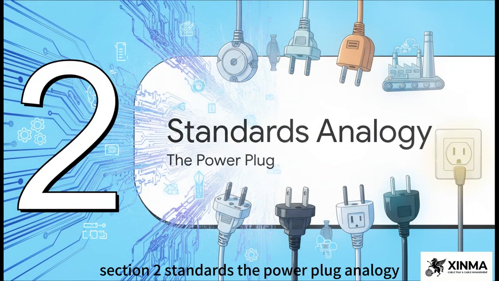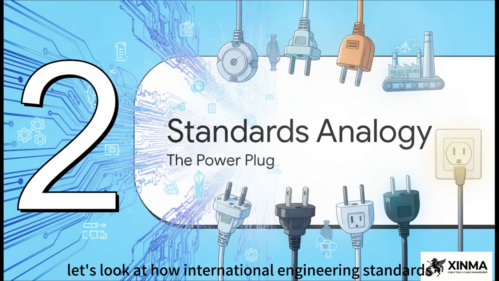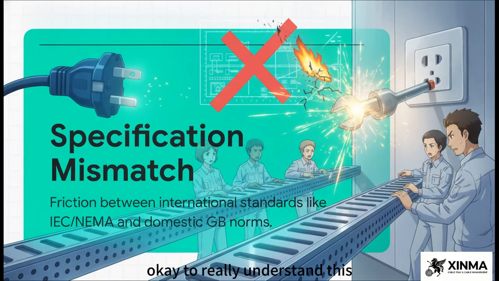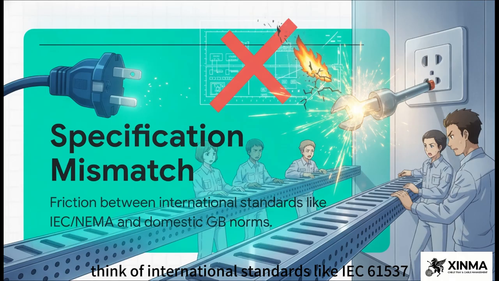Section 2, Standards, the power plug analogy. Let's look at how international engineering standards actually interact with domestic manufacturing realities. To really understand this, think of international standards like IEC 61537 or NEMA VE1 as your specific electronic device's power plug.